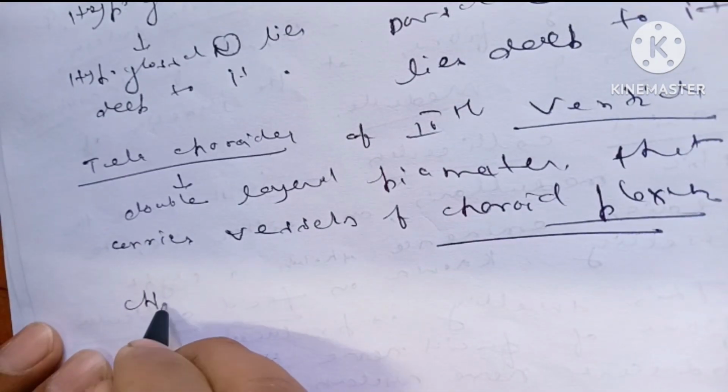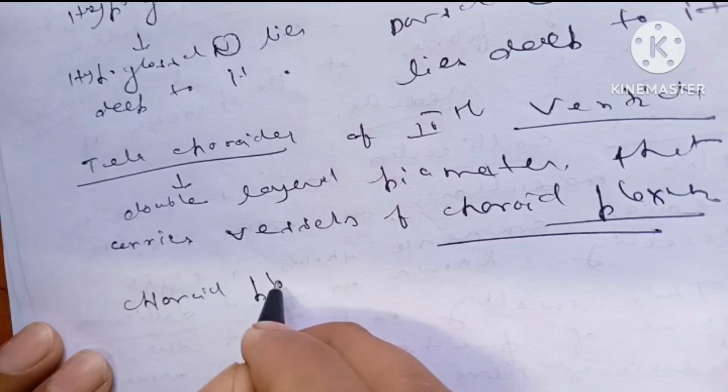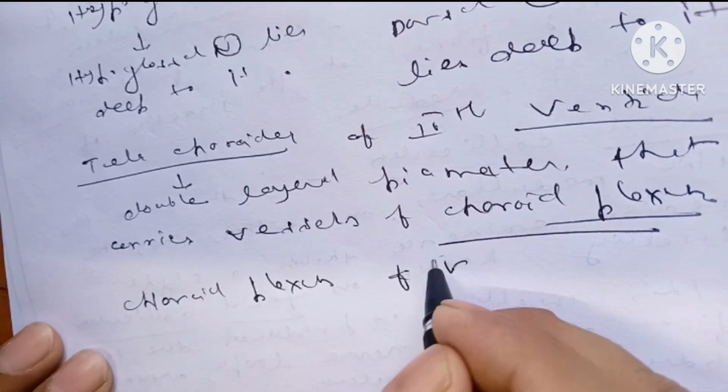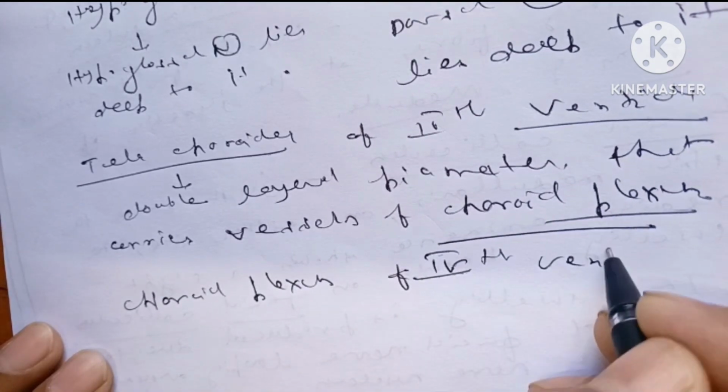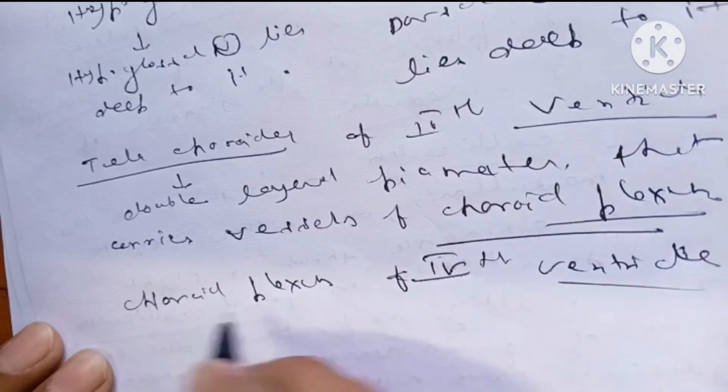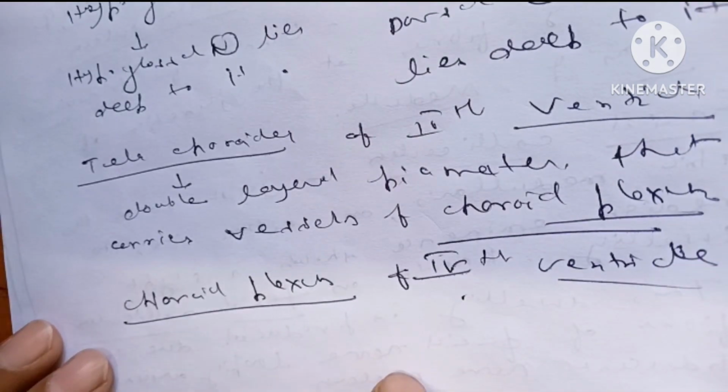And what is the choroid plexus of the fourth ventricle?